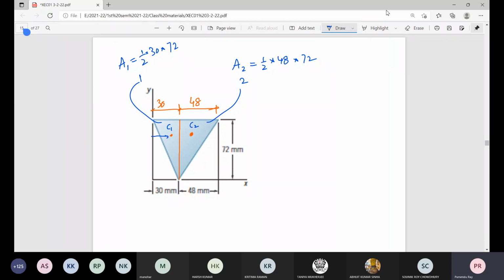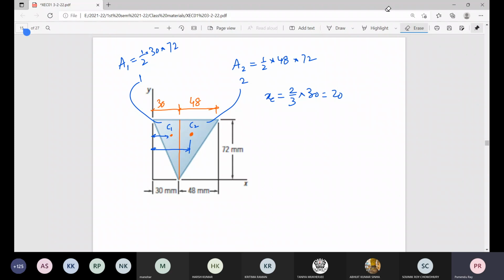Now this distance XC1 is 2/3 of 30, that is 20, and it is X1. Please make this correction. And what about X2?